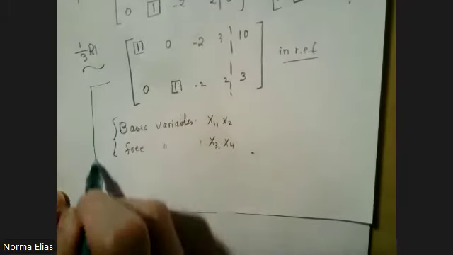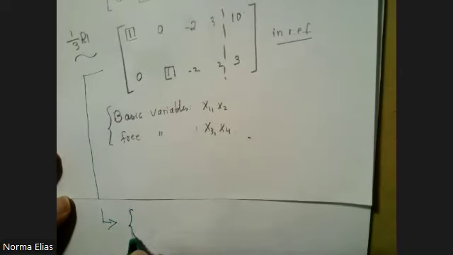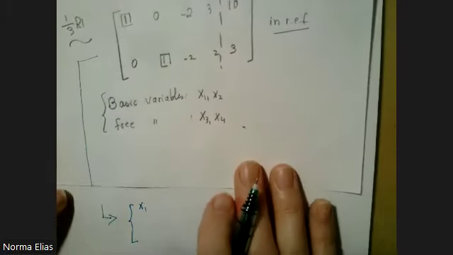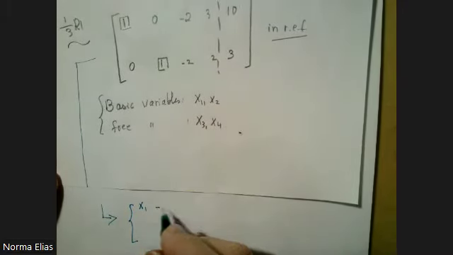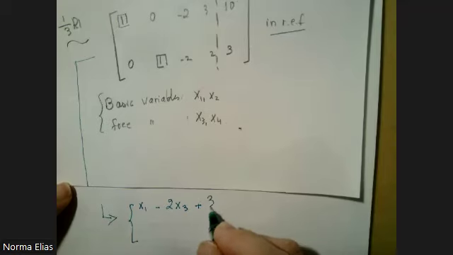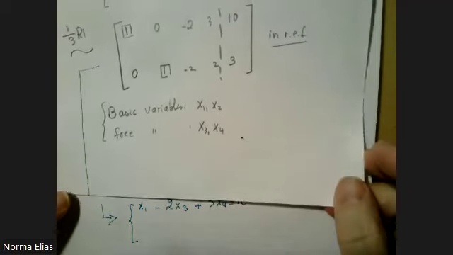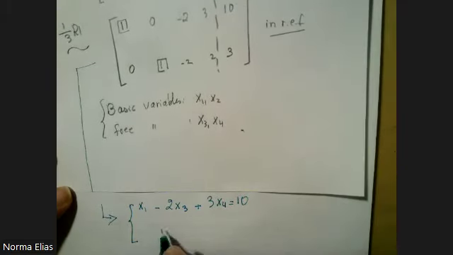So the system is x1 plus 0x2 minus 2x3, as you realize, I immediately plus 3x4 equal to 10. That's the first one. Now I'm going to read the second one.